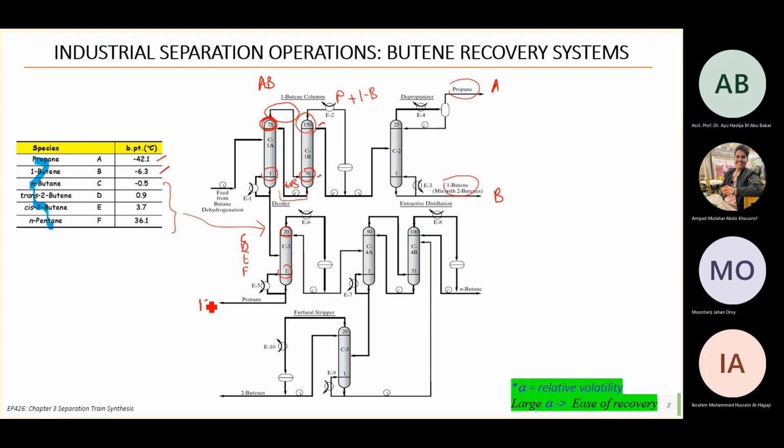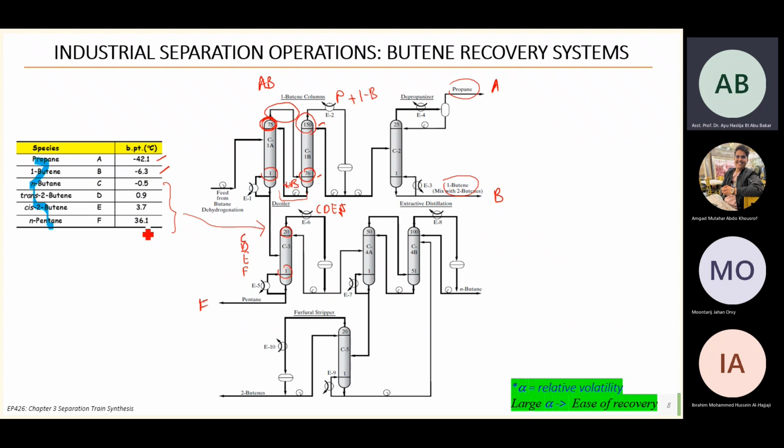Pentane is F. Clearly here, it separates F. So the top over here is C, D, E. Because you see from here, the boiling point for C, D, E, F, pentane has the biggest gap, which is easier to separate.